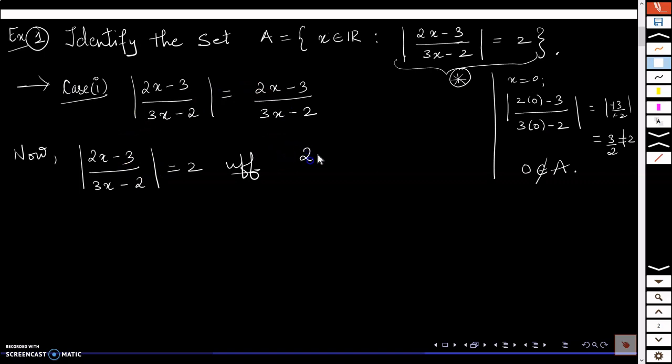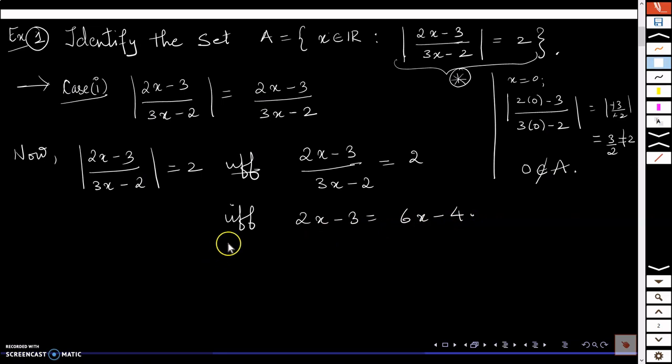So this is going to be 2 if and only if (2x minus 3) upon (3x minus 2) is equal to 2. That will happen if and only if I can cross multiply. So that will be 2x minus 3 is equal to, multiplying this 2 here, 6x minus 4.